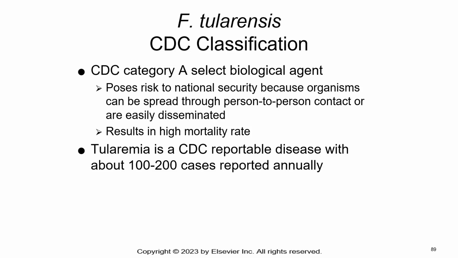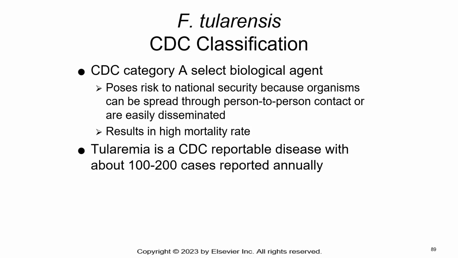This is a CDC Category A select biological agent because it poses a risk to national security, as organisms can be spread through person-to-person contact or are easily disseminated. It also results in a high mortality rate. It has a very small infectious dose and a very high likelihood of death.